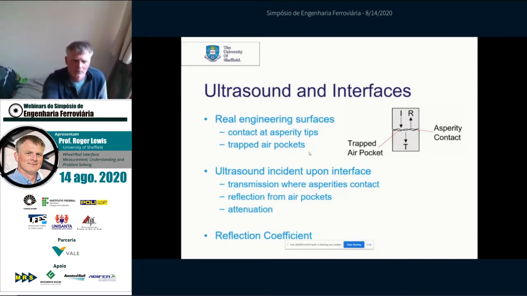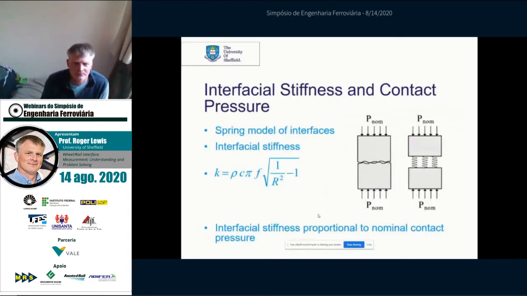You also lose some of your ultrasonic signal through attenuation in the material. So as the incident wave passes down and then back through the top specimen here, some of the signal will be lost through attenuation. In order to characterize the pressure within the interface, we have to use what we call a reflection coefficient, which we can get from our ultrasonic measurements. And this can be related to the contact pressure.